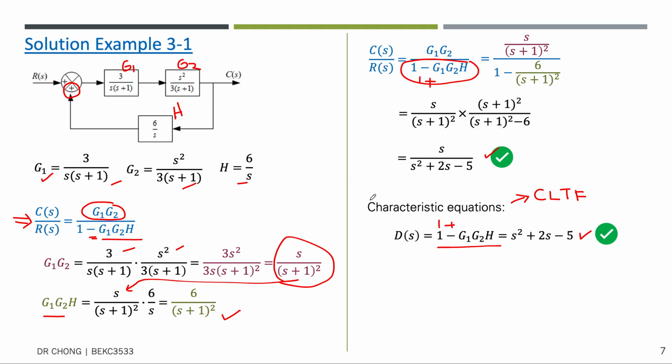Because we need these closed loop characteristic equations very much in the subtopic of stability when we want to build the Routh-Hurwitz table.